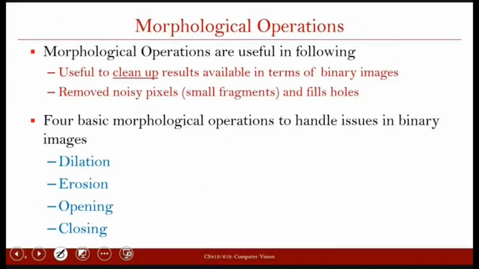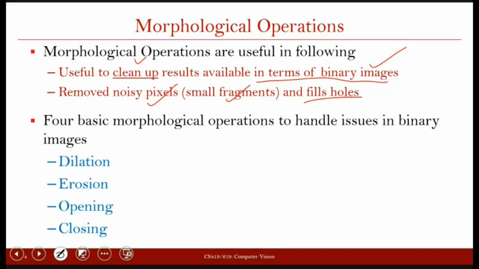Morphological operations can be used to clean up the results available in terms of binary images. In this cleaning process, we will be able to remove noisy pixels or small fragments present in the image, or we can also fill the holes present in the foreground objects.